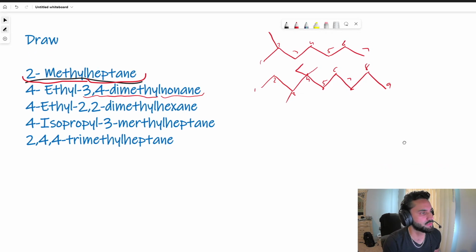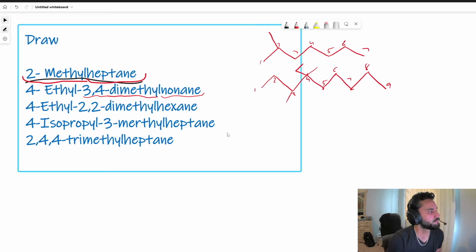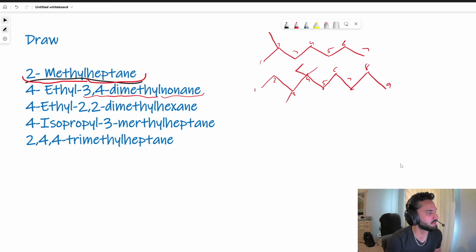All right, let's move on to the next one, 4-ethyl 2,2-dimethyl hexane. Again, hexane is our parent chain, the longest chain. Hexane stands for a 6-carbon chain, so 1, 2, 3, 4, 5, 6.